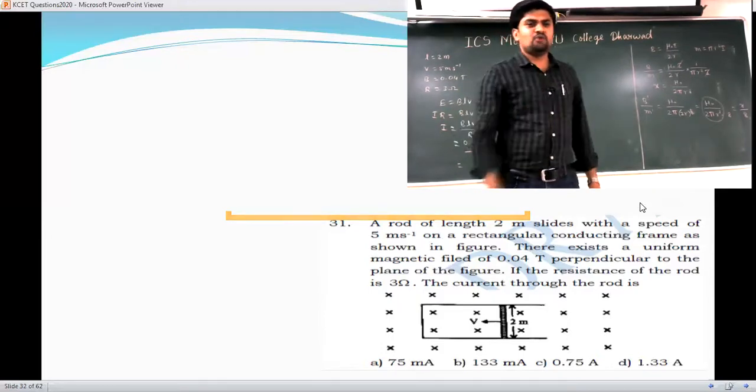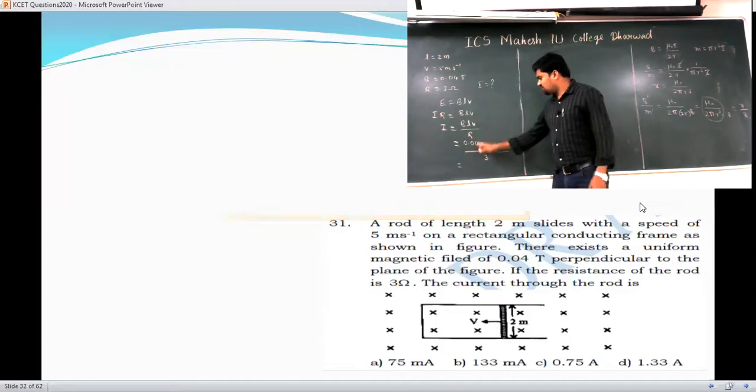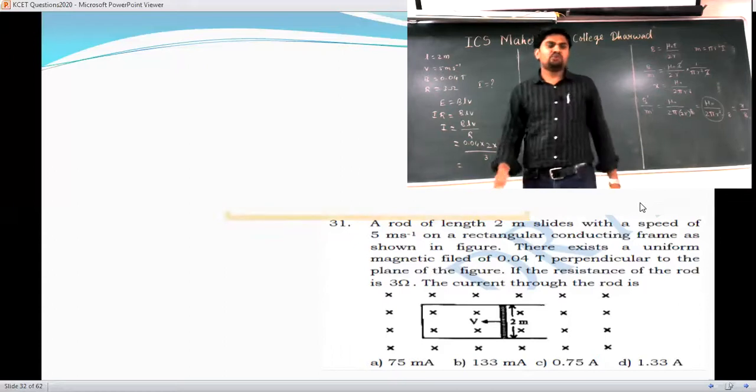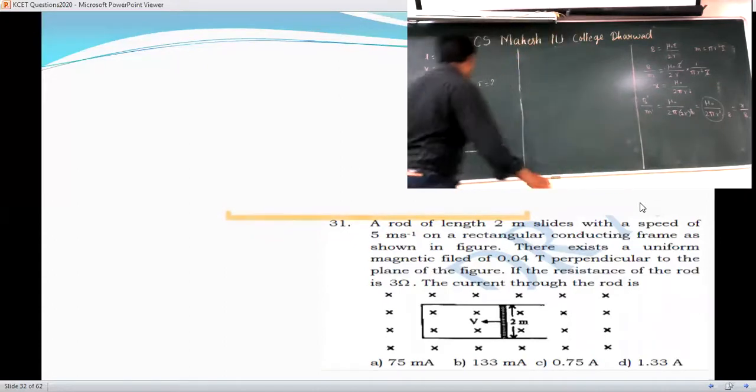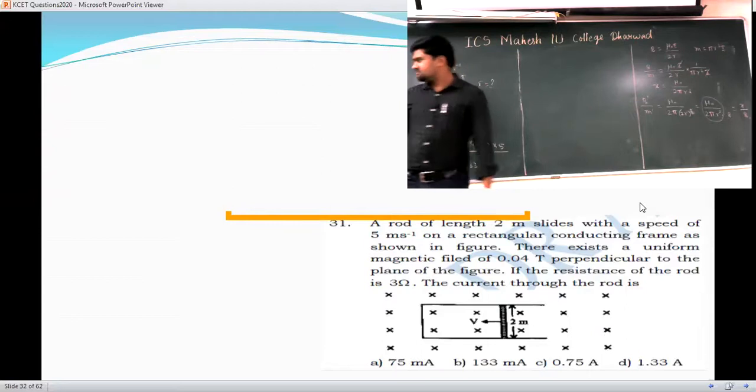One option they have given 1.33 ampere. It is not possible because it is not 4 by 3, it is 0.4 by 3. So obviously you have to go for 133 milliampere. That should be your answer. So I is equal to 133 milliampere.